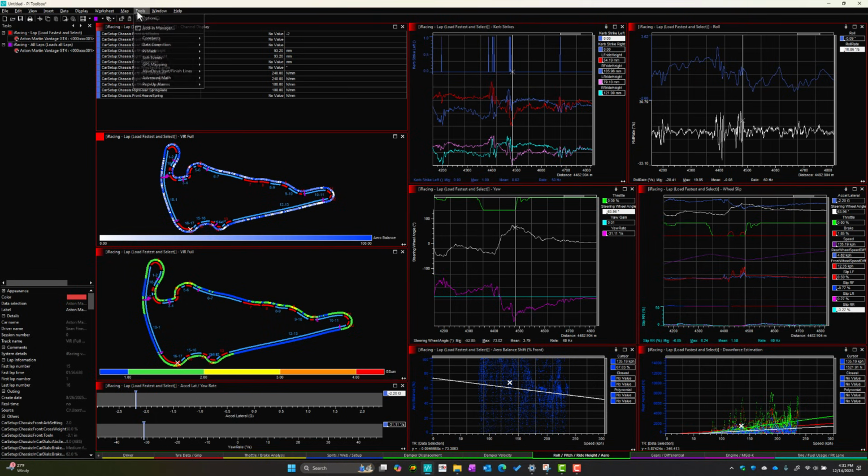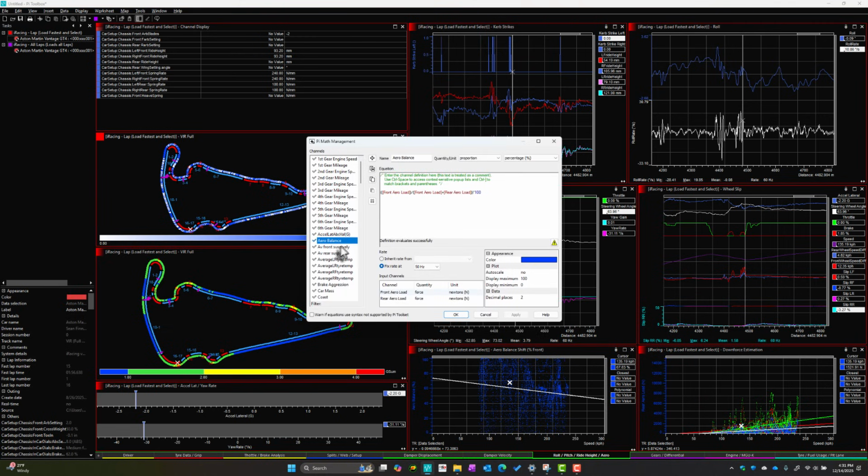So we'll go back up to our math editor and aero balance. Here you can see it's 2 more math channels. It is front aero load divided by effectively total aero load, made into a percentage.